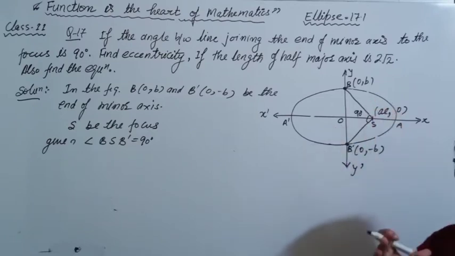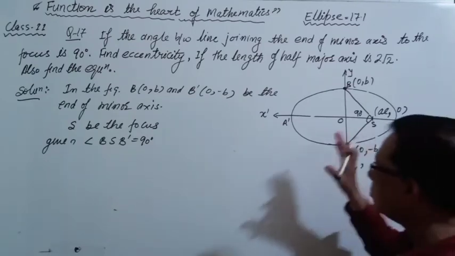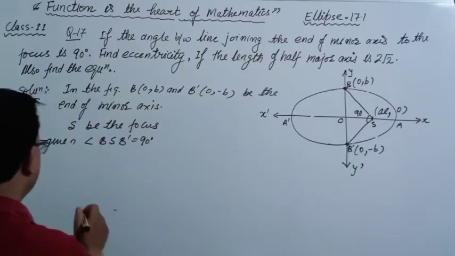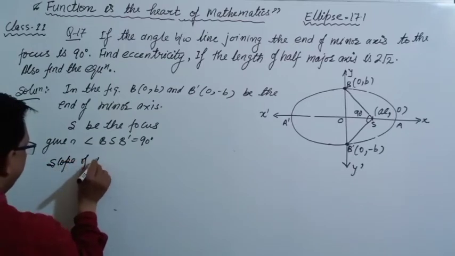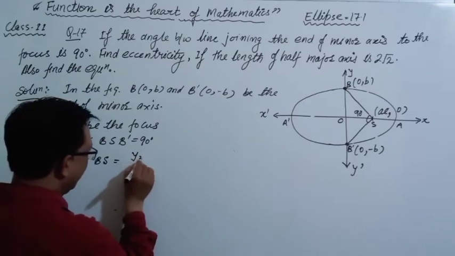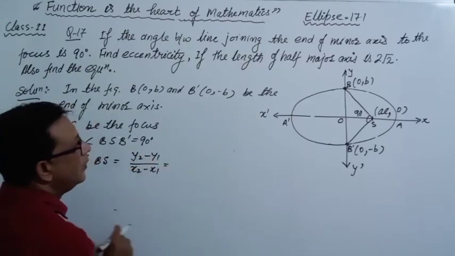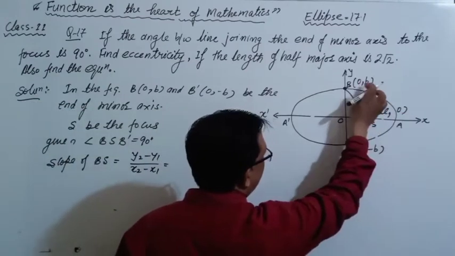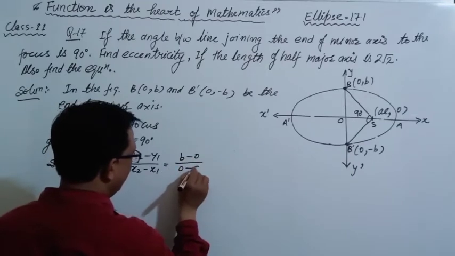If two lines are at 90 degrees, it means the product of slopes is -1. So we use this concept in this equation. We first find the slope of BS. We use the two-point slope formula, y2 minus y1 upon x2 minus x1. Here this is x1, y1 and x2, y2. So this is b minus 0 upon 0 minus ae.